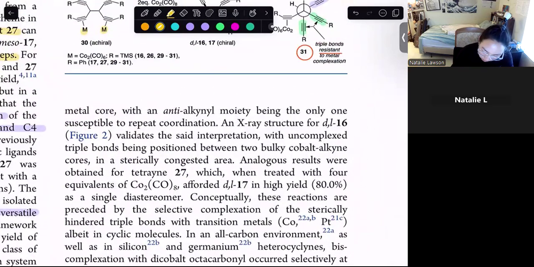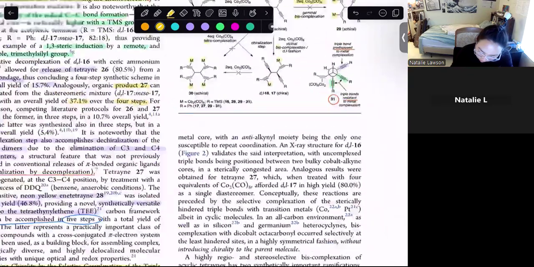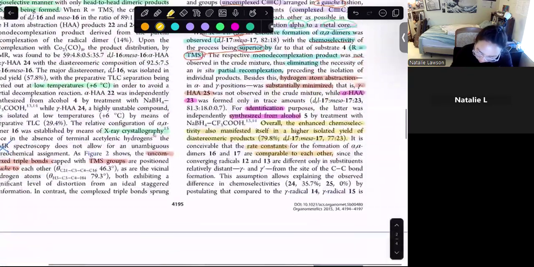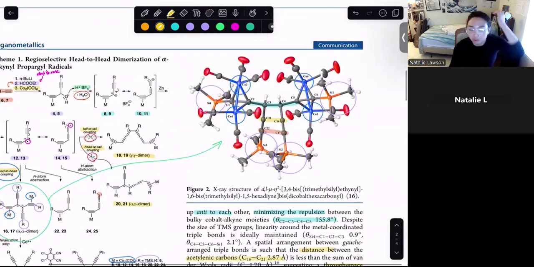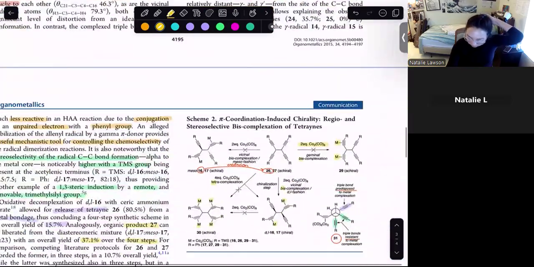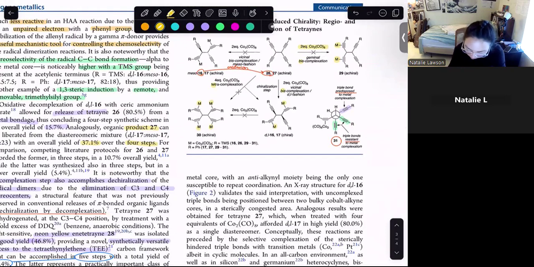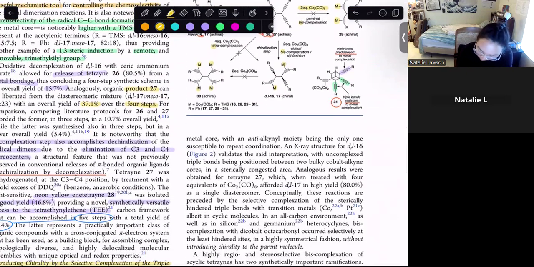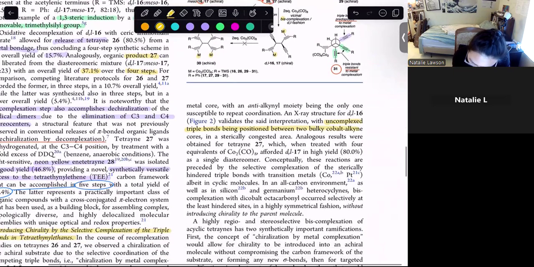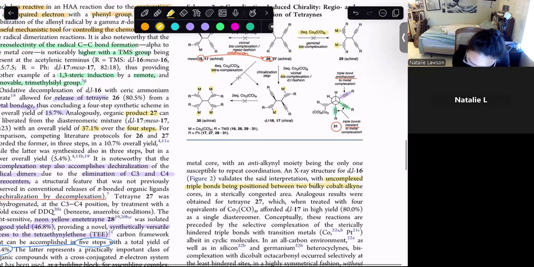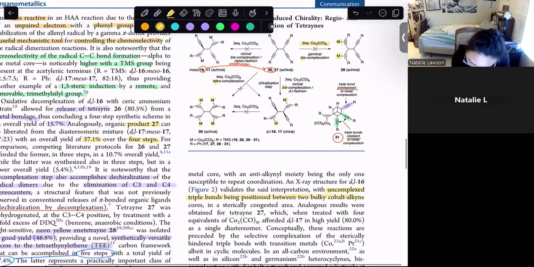So an X-ray structure, figure 2. Yep, right up there. Validates said interpretation with uncomplexed triple bonds being positioned between two cobalt alkyne cores in the sterically congested area. 27 turned into 17.